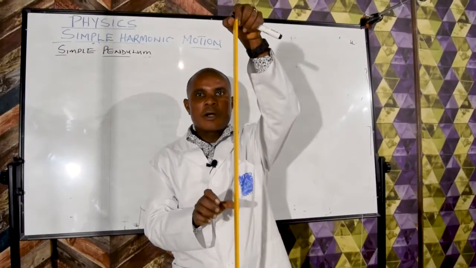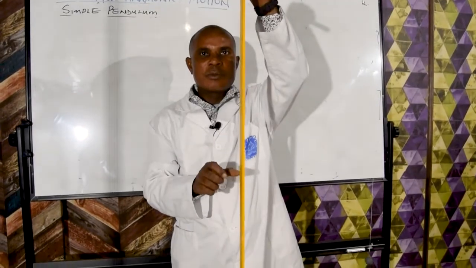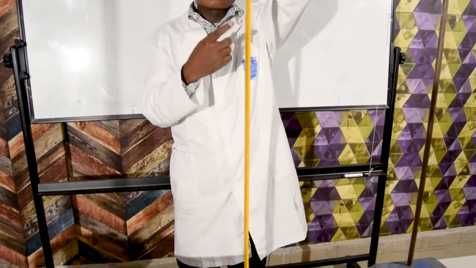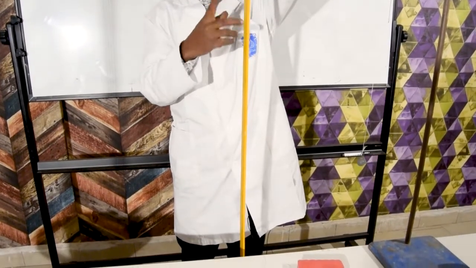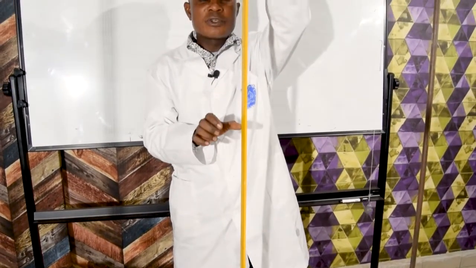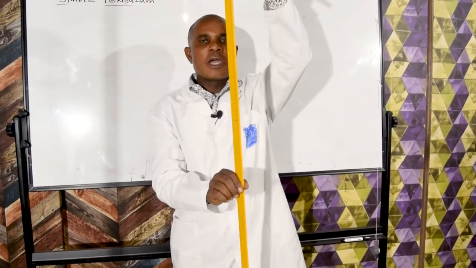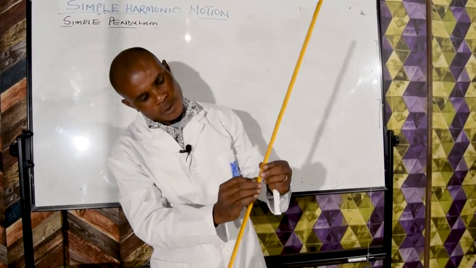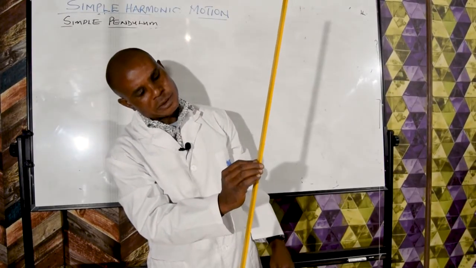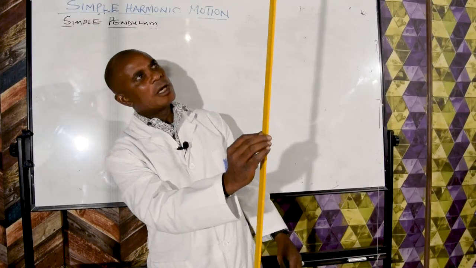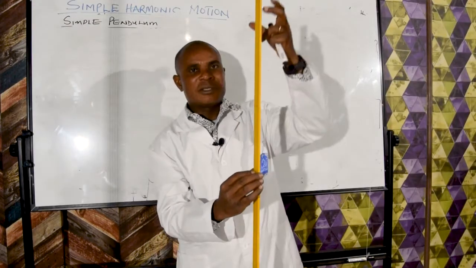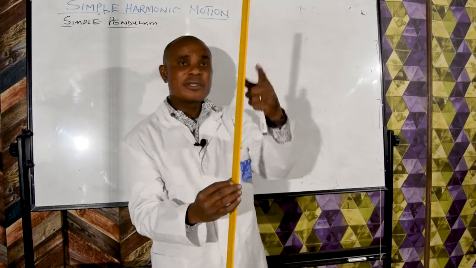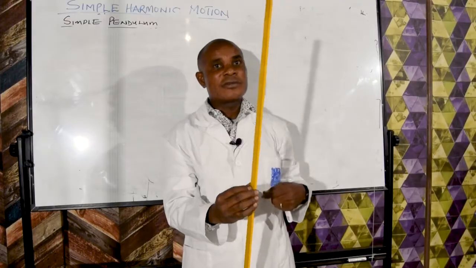He's not going to tell you when he's going to release it, but if you can really concentrate and look at the man and try to see when he's about to let go of the rule, then when he lets it go you are able to capture it somewhere there. Let's say I was able to capture it around 50 centimeters, let's say in the middle. I did it myself, so this may not be accurate, but if you want to do it accurately, you try somebody else so that you can actually identify your reaction time.